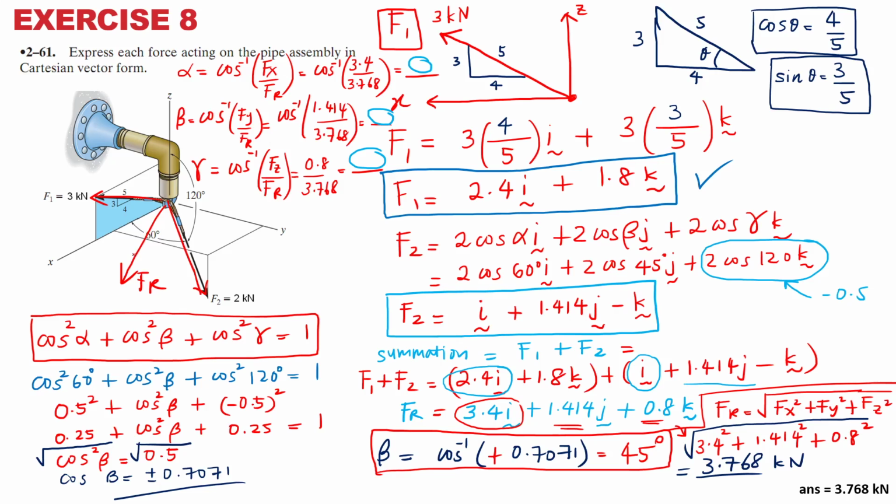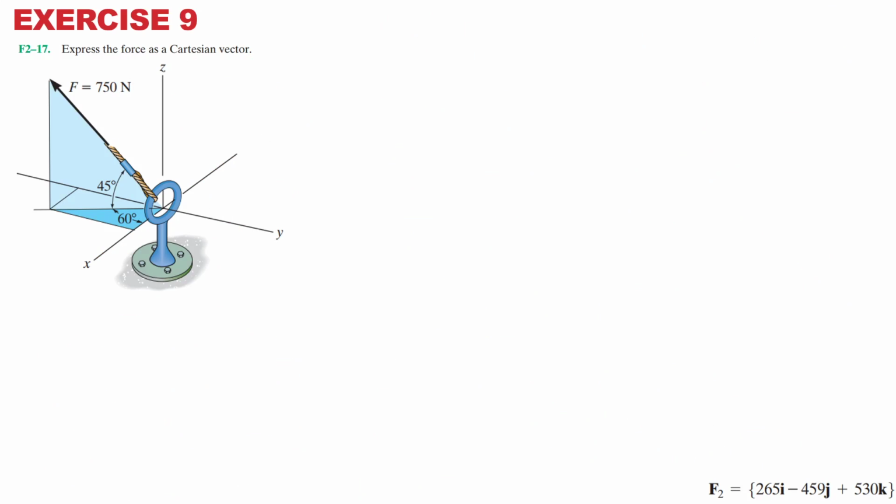This is the new alpha, the new beta, the new gamma. Then we are complete. Everything is okay. Easy or hard? This is how you do it in 3D.